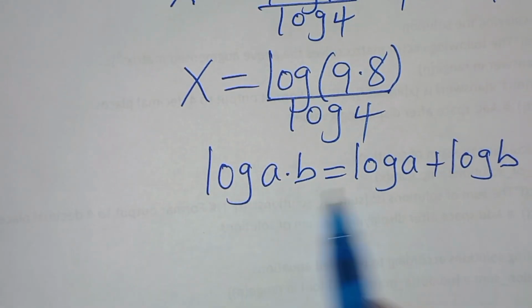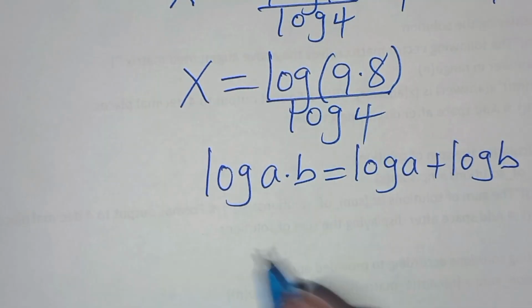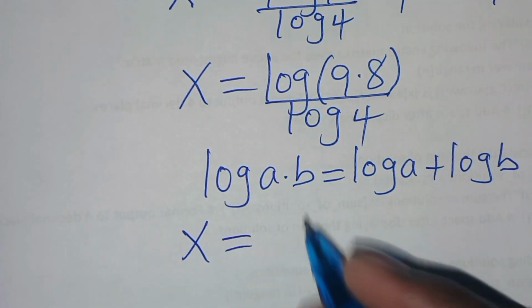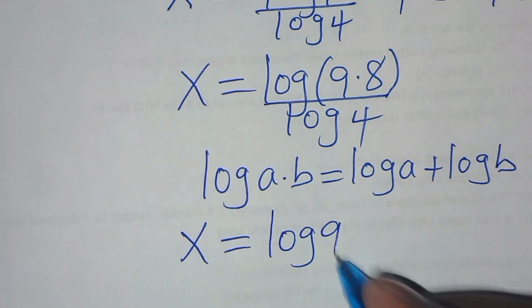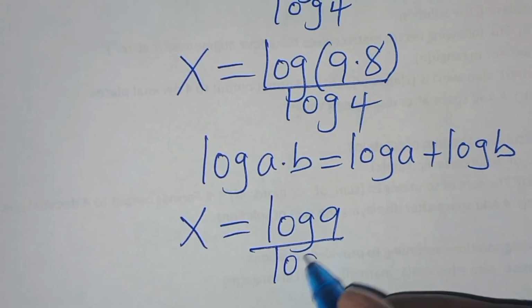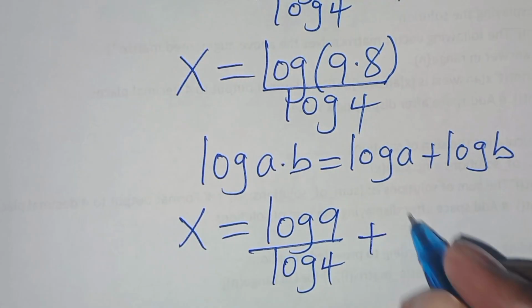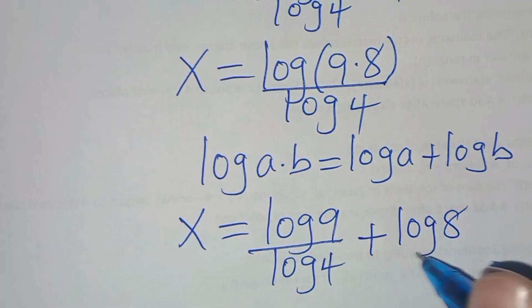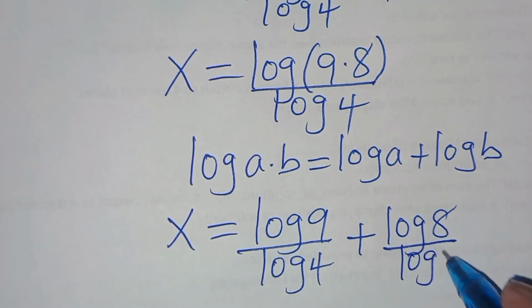Applying this logarithm property, x is equal to log 9 divided by log 4 plus log 8 divided by log 4.